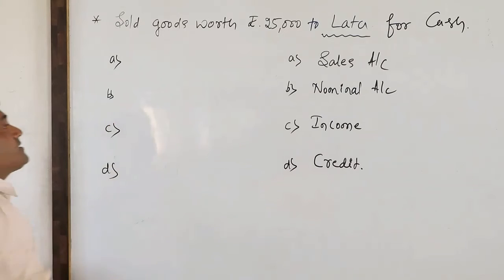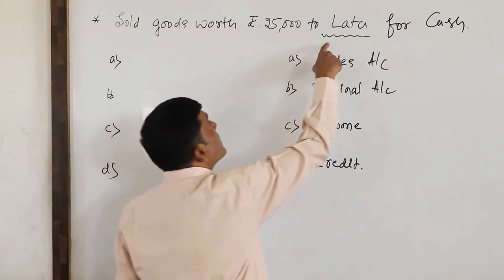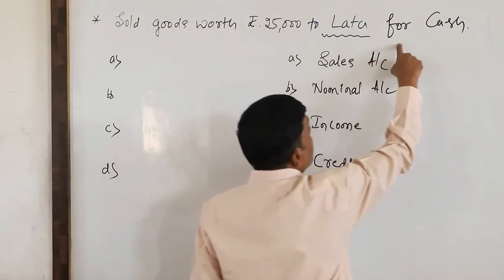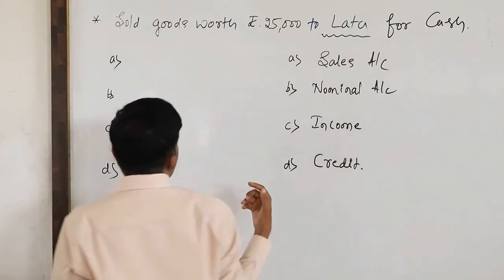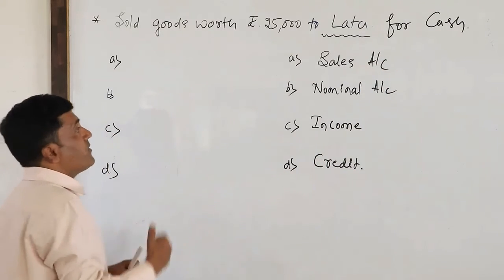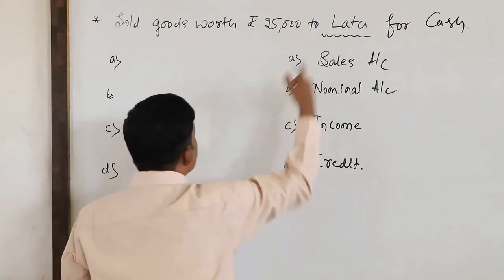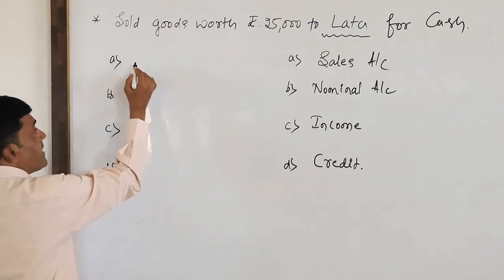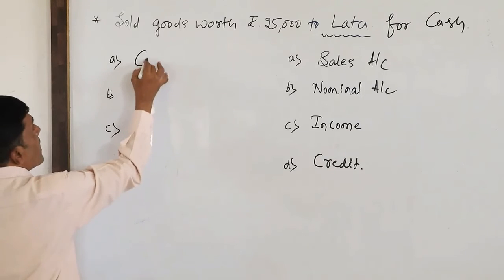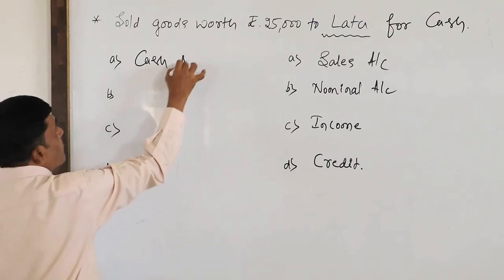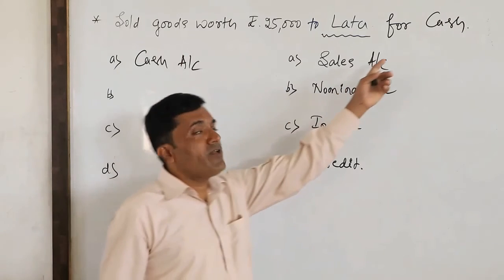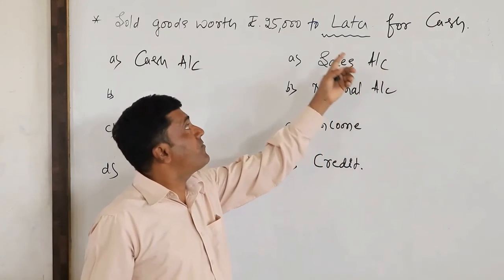So cash sales, even though they have mentioned the purchaser name, but they have lastly mentioned for cash, means we have received the cash from Lata for selling the goods to her. Then no need to write her name. Instead of writing her name, here we need to write cash account, because we have received the cash from her.